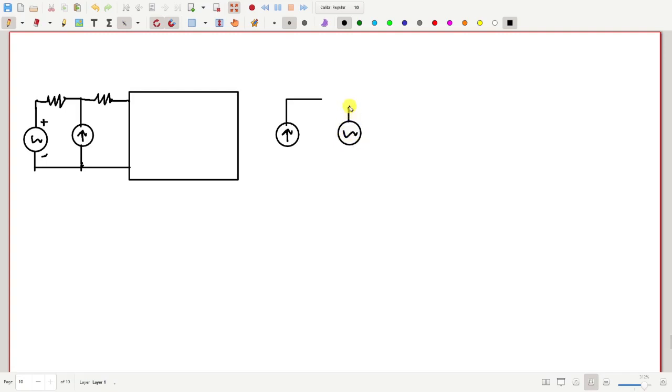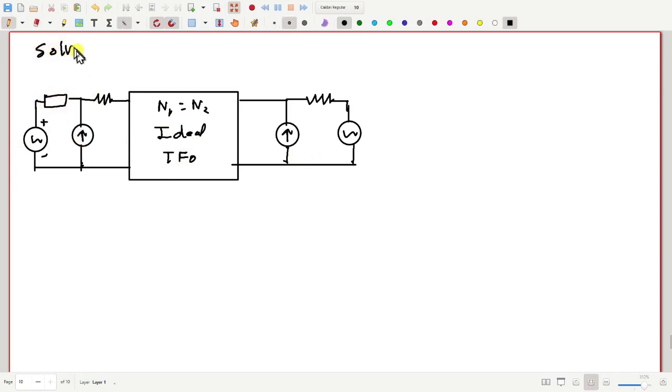And this is an N1 is to N2 ideal transformer. Suppose all this voltage, current, resistance, impedance in general, everything is given. The question is, solve the circuit. How to solve the circuit?